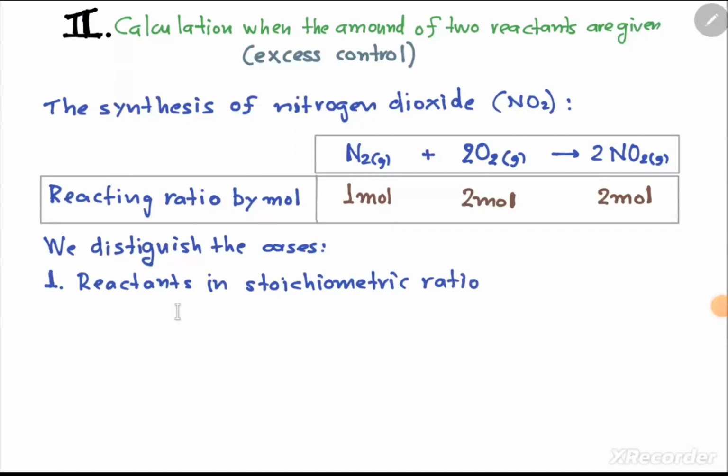Whatever we have, b mol nitrogen and 2b mol oxygen.